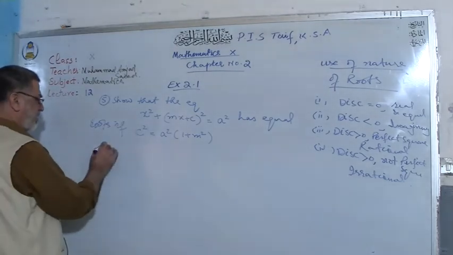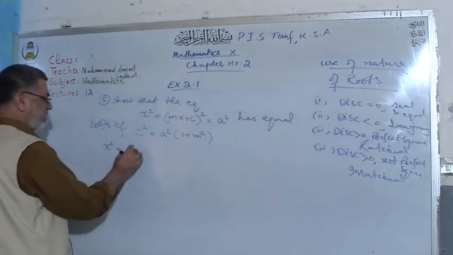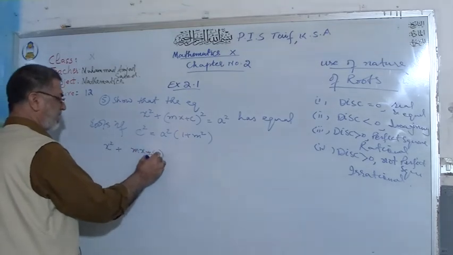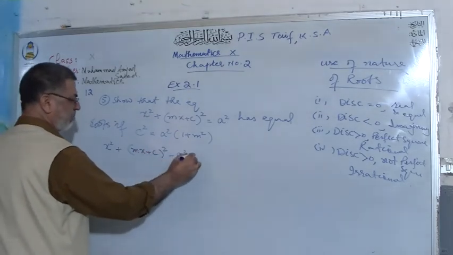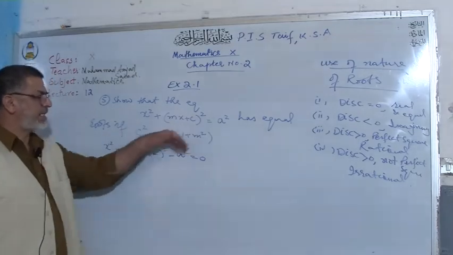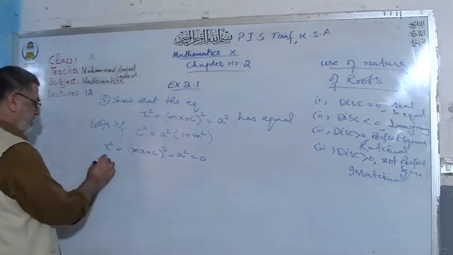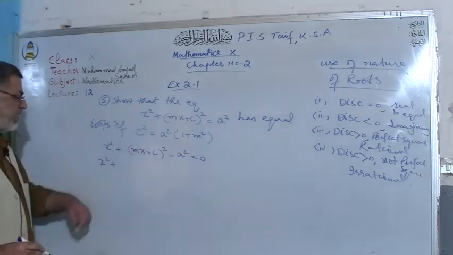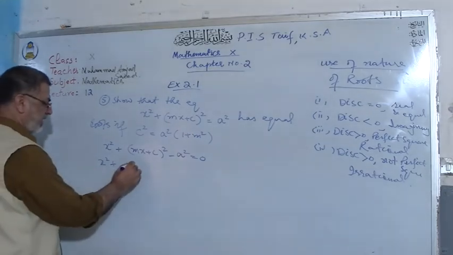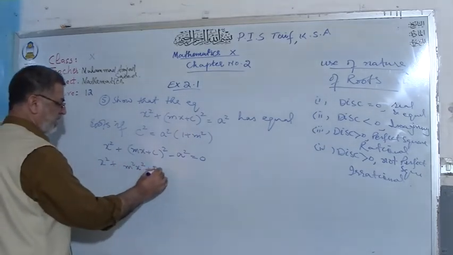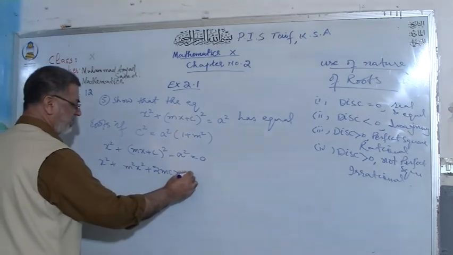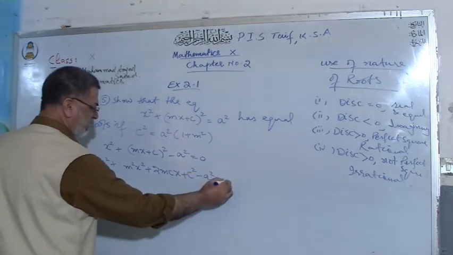So first of all, x square plus mx plus c whole square minus a square is equal to 0. Bring this a square to the left hand side and open up the formula of square here. x square plus m square x square plus 2mcx plus c square minus a square is equal to 0.